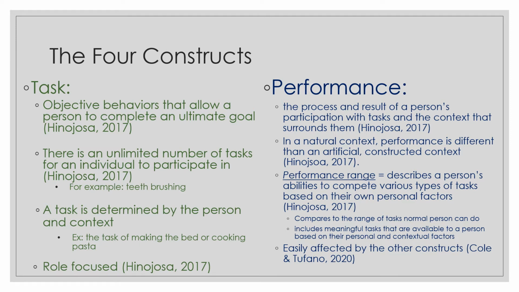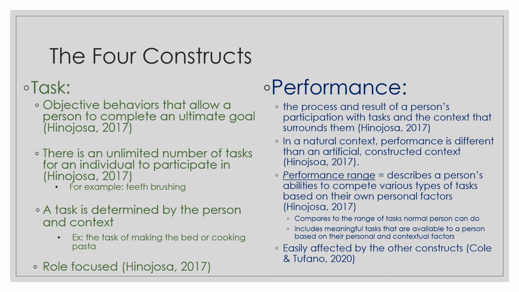This performance construct is gauged by the performance range of the individual. This is described as a person's ability to complete various types of tasks based on their personal factors. It also compares it to a range of tasks that a typical person can do. So one's personal performance range is going to be different than the model typical performance range.